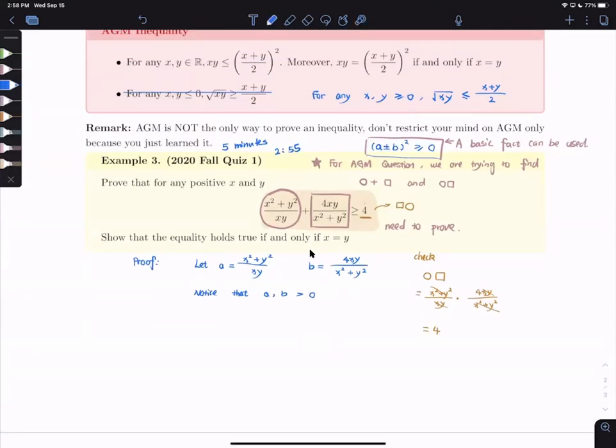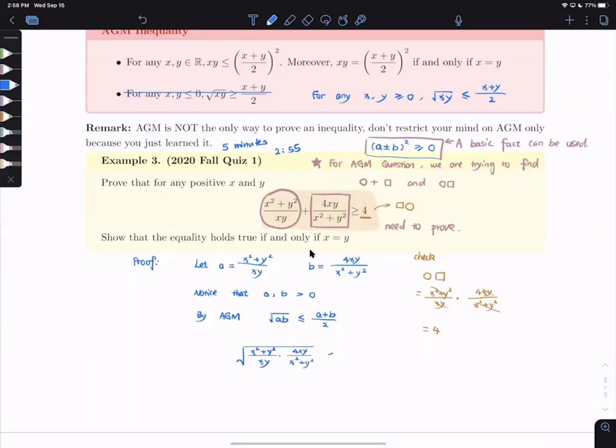So by AGM, I have square root of AB is less than or equal to (A plus B) over 2. So plug it back in, you have square root of x squared plus y squared over xy times 4xy over x squared plus y squared.